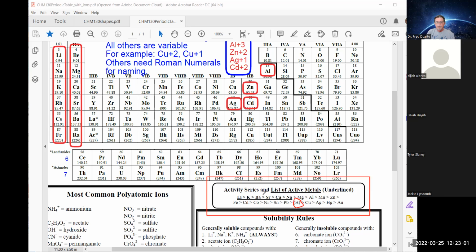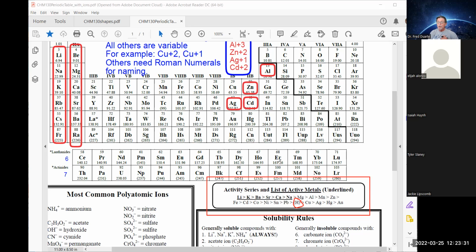Now, the first 1, 2, 3, 4, 5, 6 metals there are written in bold print and underscored. What that tells you is those metals are extremely reactive, and that simply in the presence of water, they react with water immediately and quite violently, actually.